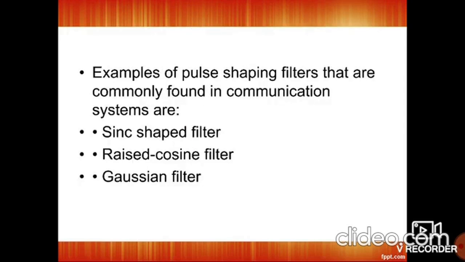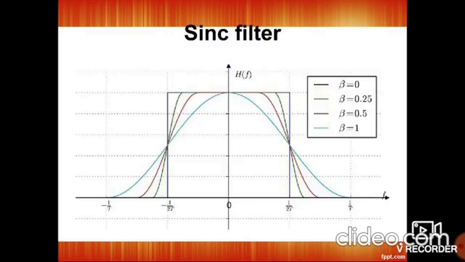Examples of pulse shaping filters commonly found are the sinc shaped filter, raised cosine filter and Gaussian filter. These are the types of pulse shaping filters, and this is the sinc filter, sin x by x, for beta equal to 0, beta equal to 0.25, 0.5 and finally 1.